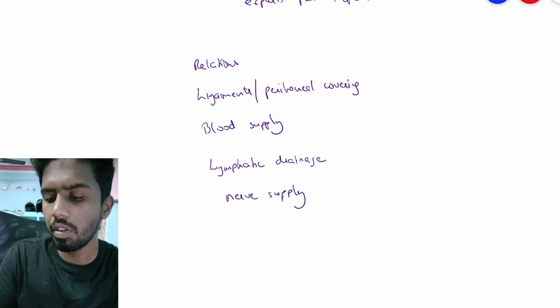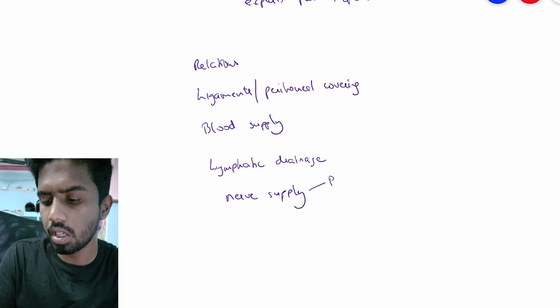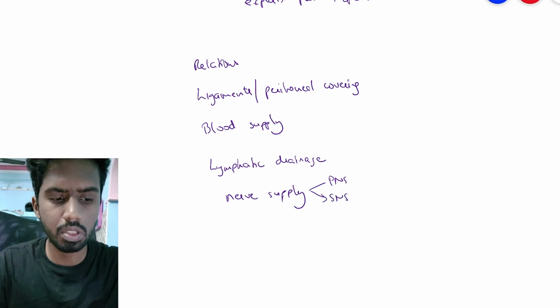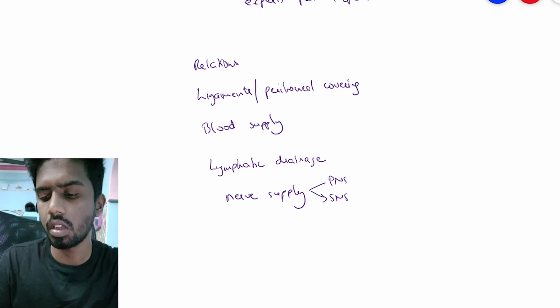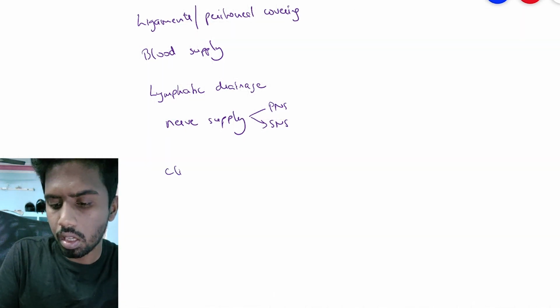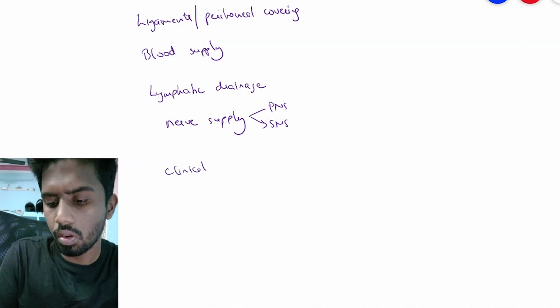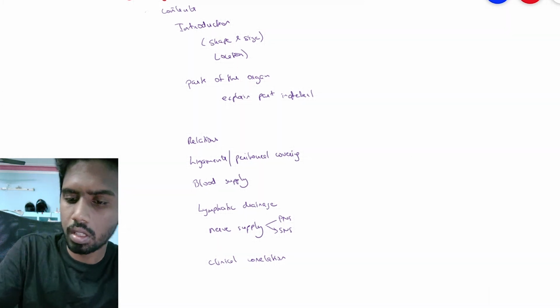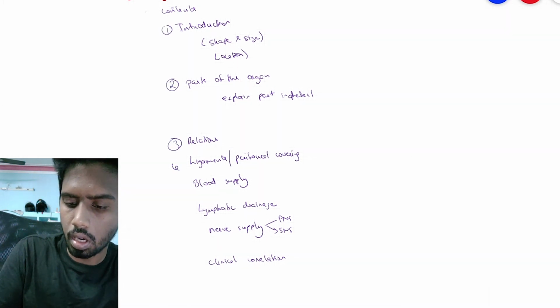A few organs have parasympathetic and sympathetic nerve supply, so you need to specify which is the parasympathetic nerve supply and which is the sympathetic nerve supply, especially for the stomach. And finally, clinical correlation. So these are all the headings you need to put in for any organ.